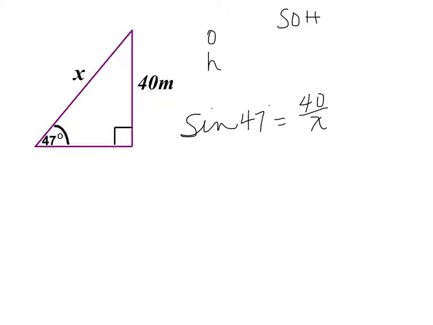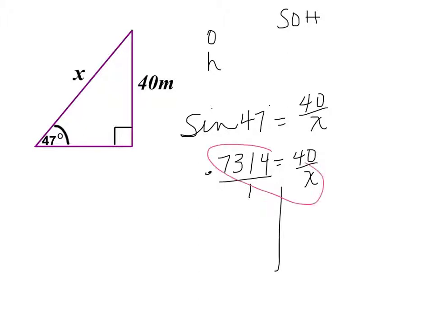Sine of 47 is 0.7314. Put this over 1. Do cross products. It's equal to 40. The inverse is divide by 0.7314.